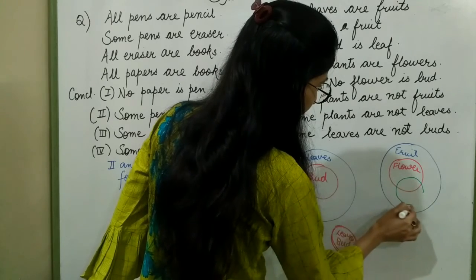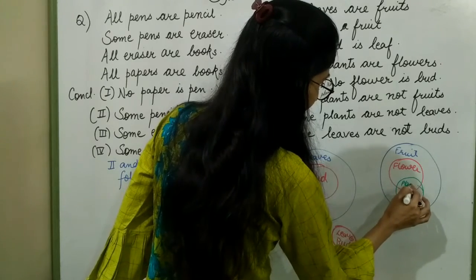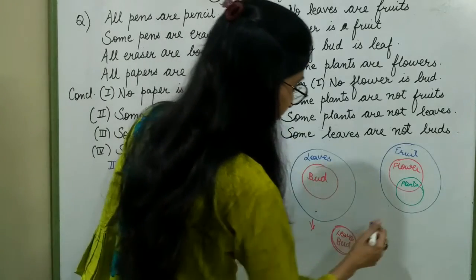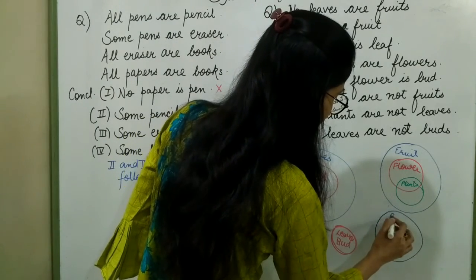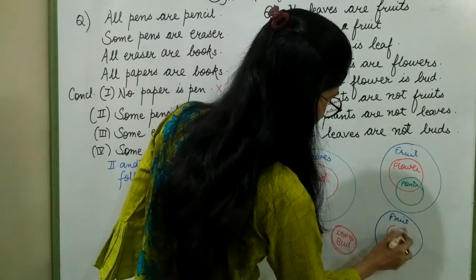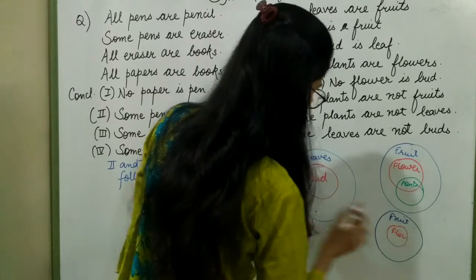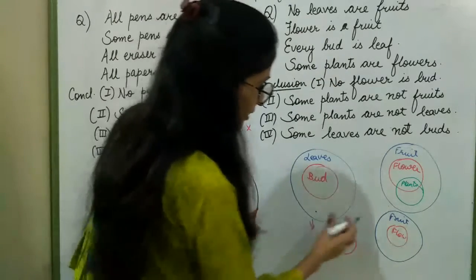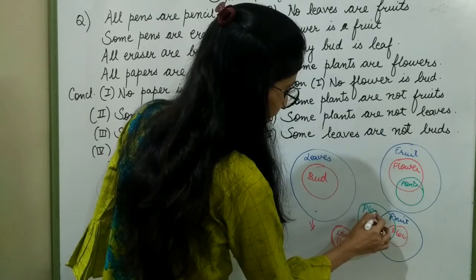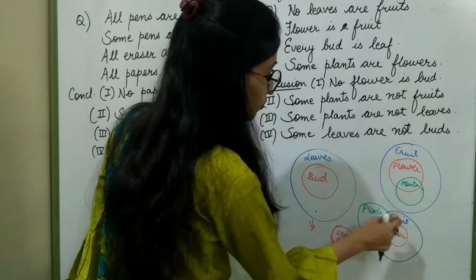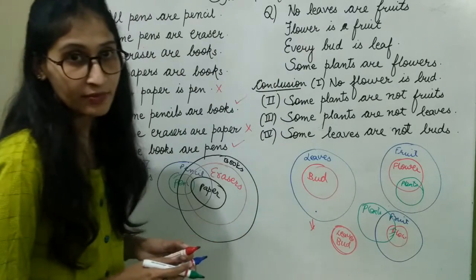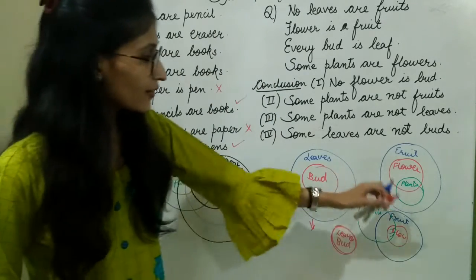So the plants can be drawn like this. The second possible case is fruit, flower, the plants can be like this. In this Venn diagram also, some plants are flowers. So these will be my Venn diagrams.